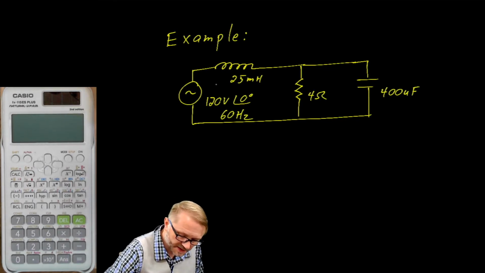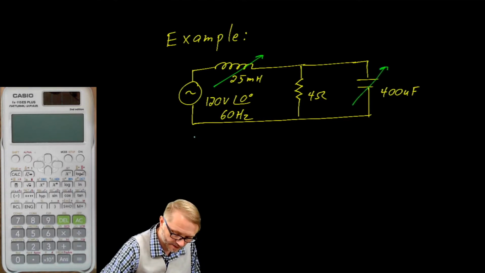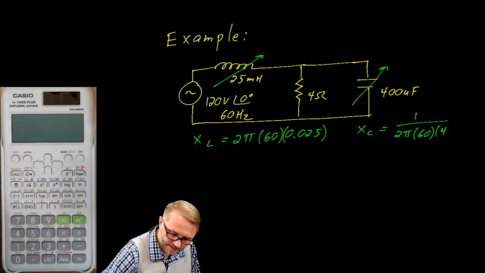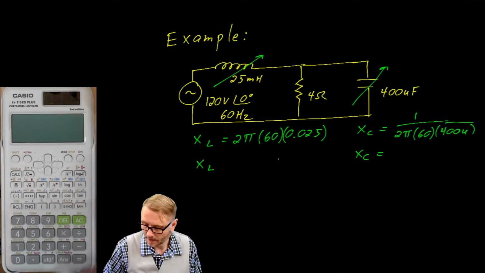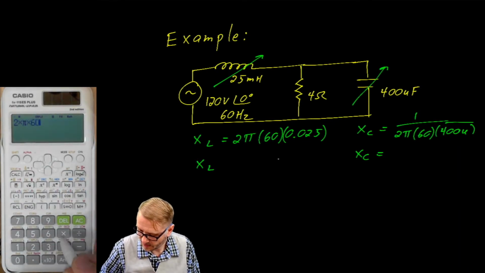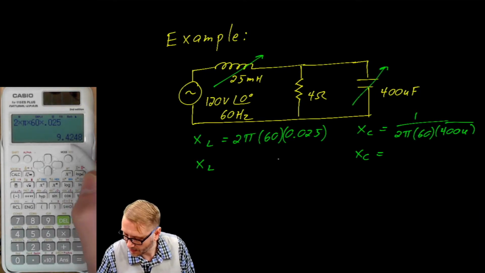Your opening move is to calculate the impedance of the reactive components. The impedance of the inductor is 2 pi f L, and the reactance of the capacitor is 1 over 2 pi f C. Using our calculator, 2 times pi times 60 times 0.025 gives us a value of 9.42.